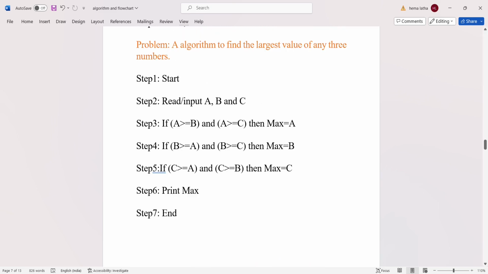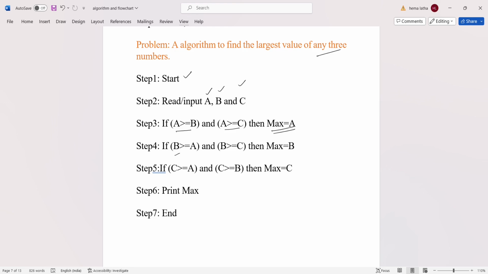The same program, using three numbers: out of three numbers I have to find the largest one. So here the first step is start, the next step is reading three inputs A, B, C. Here we are checking two conditions, that is very important. If A is greater than or equal to B and A is greater than or equal to C, then maximum is equal to A. I am assigning like that.